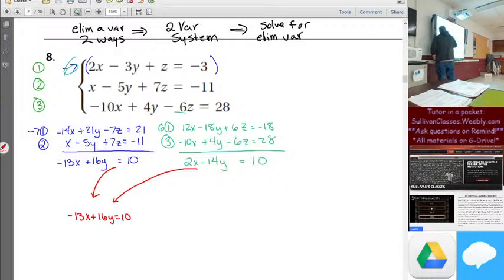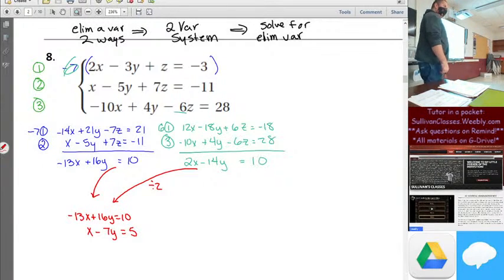Hey, along the way, it is okay to say I'm going to make this easier. Why would I have done that along the way? See how x is just a little easier to take care of now? Now it has a coefficient of 1 instead of 2.